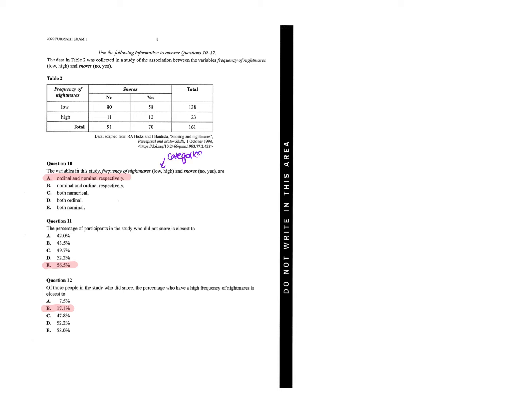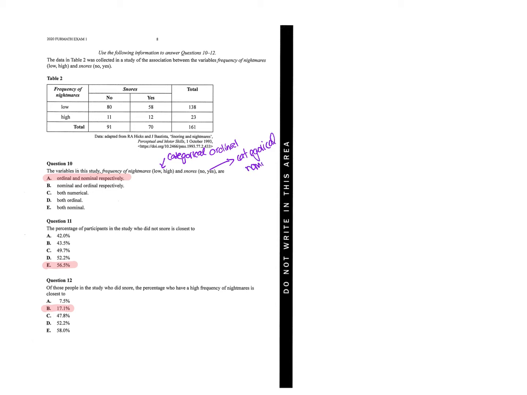It's categorical, but if you're in low, I know you have fewer nightmares than the high people. So that one is definitely ordinal. And this one, yes or no to snoring, there's no ranking there. So it's still categorical, but it is nominal.